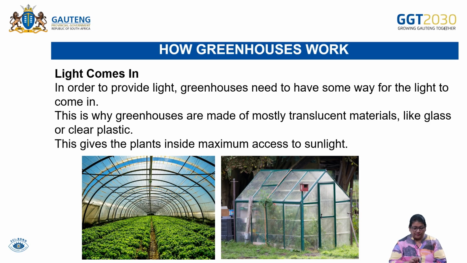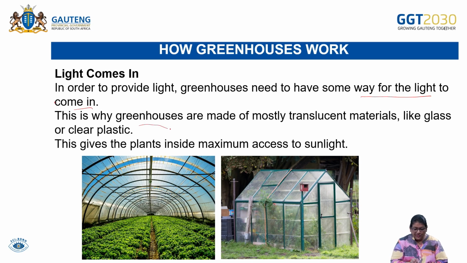Okay, so here's your greenhouse, and you can see there's a whole lot of potato plants, and here there's lettuce and other things growing in this greenhouse. So light comes in. The greenhouses need to have some way for the light to come in, and that is by the translucent plastic.